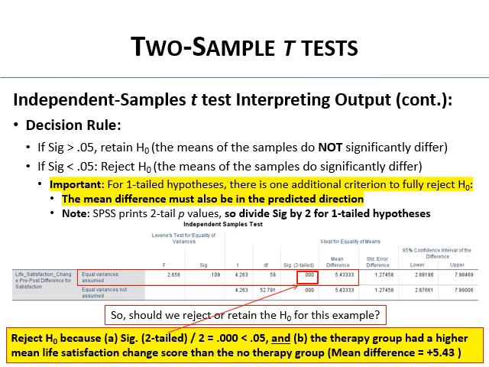First of all, because sig's less than 0.05, and secondly, because those who had the behavior therapy had higher mean life satisfaction change than the no therapy group. It was plus 5.43. So bringing it all home for grandma, you'd say, well, yes, behavior therapy did improve the life satisfaction of those who received it compared to those who just got no therapy.